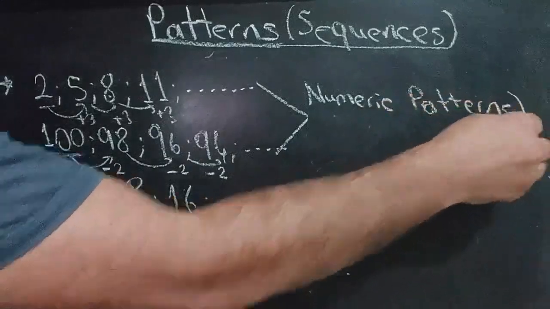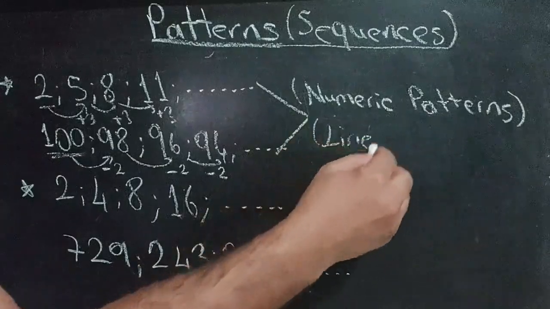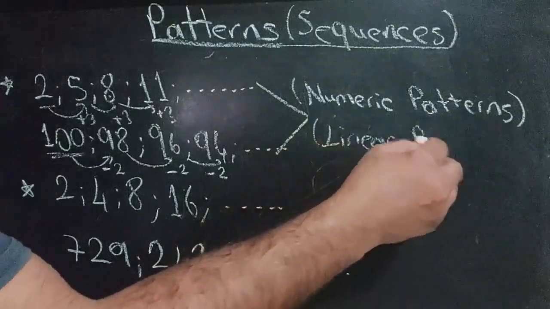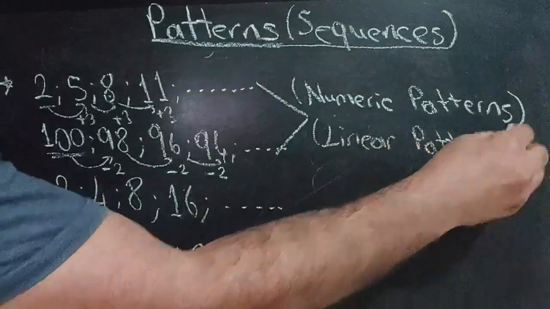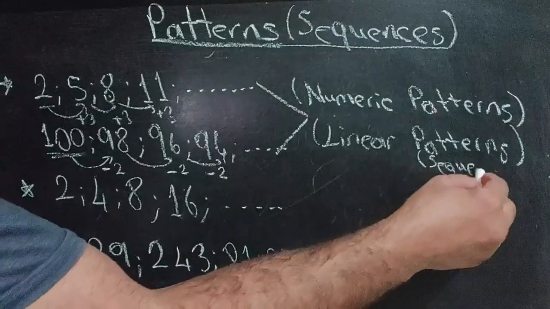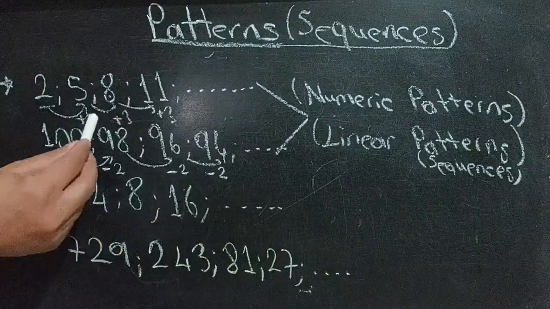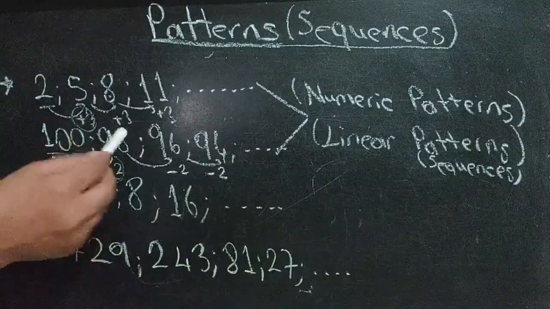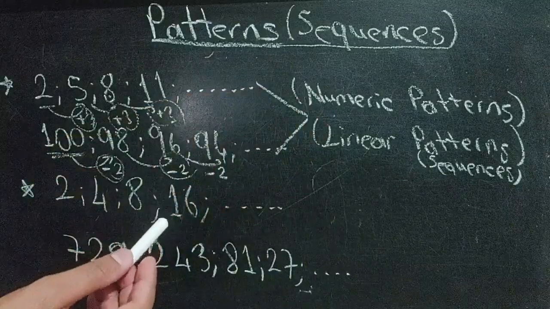Or this can be called linear patterns, sequences. So you can call both. All right, so if there is addition or subtraction, we call them linear patterns or sequences.